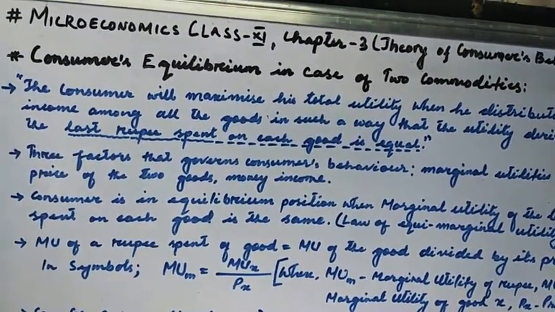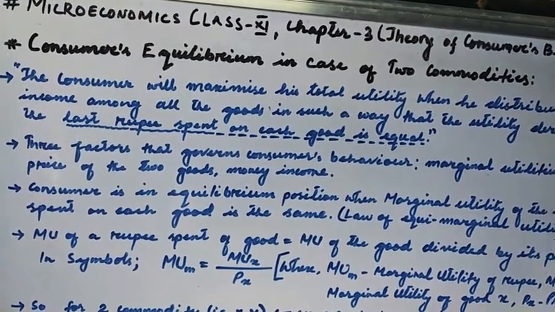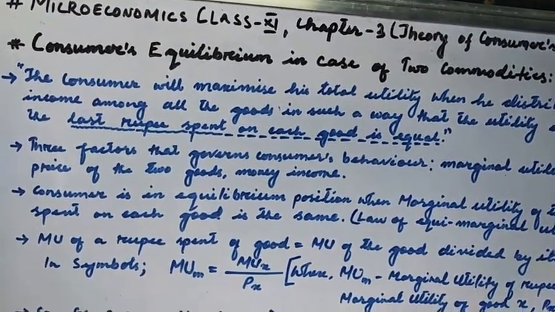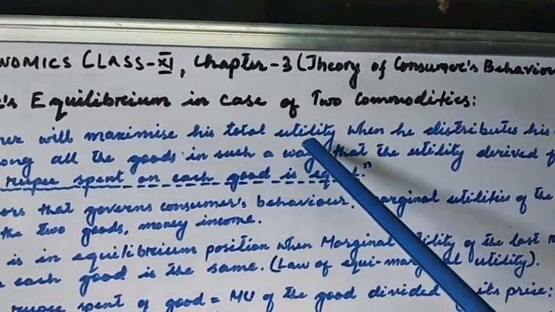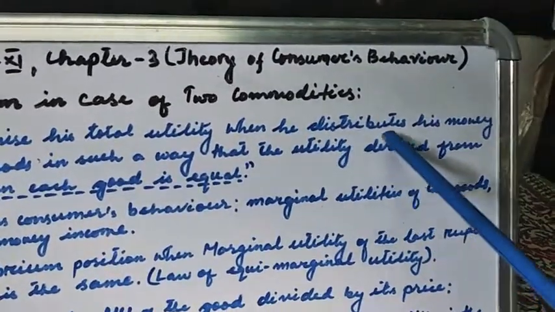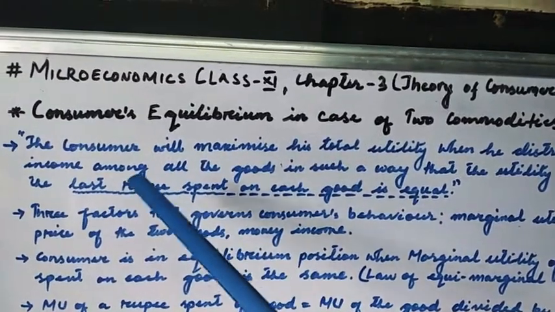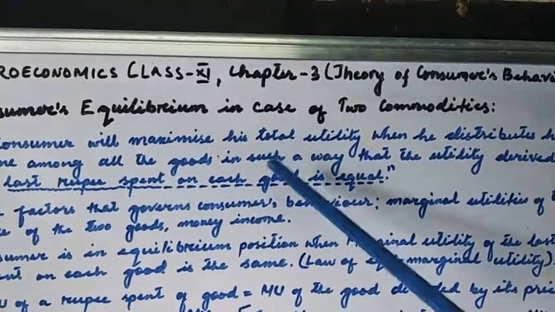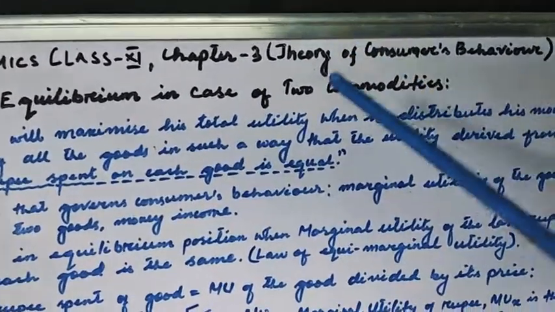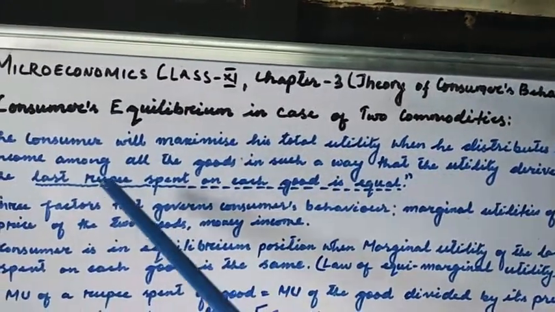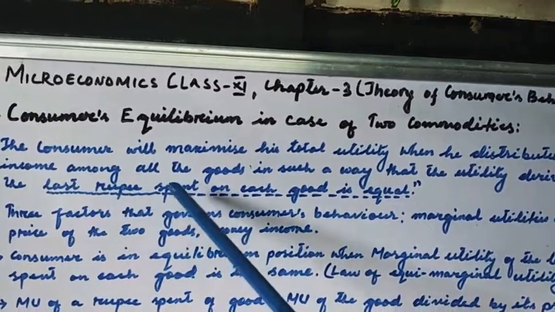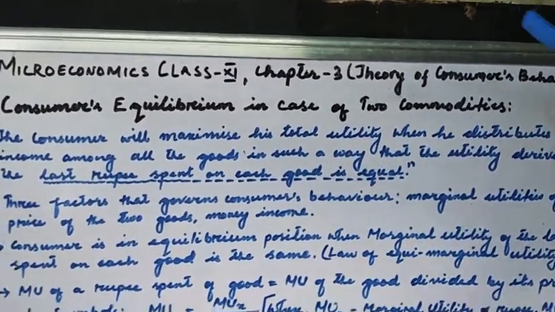So what is a consumer's equilibrium in the case of two commodities? The consumer will maximize his total utility when he distributes his money income among the two goods in such a way that the utility derived from the last rupee spent on each good is equal.